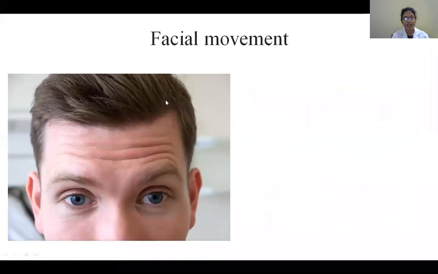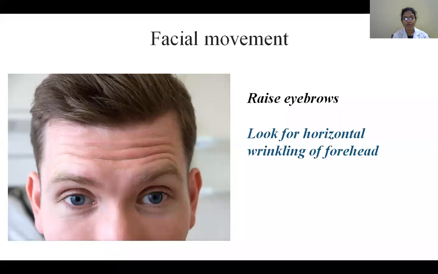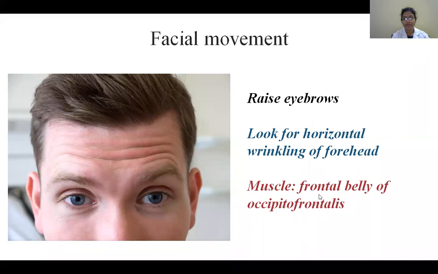Here we are asking the subject to raise his eyebrows. When you raise the eyebrows, what you observe is horizontal wrinkling of the skin of the forehead. This action is facilitated by the frontal belly of occipitofrontalis.